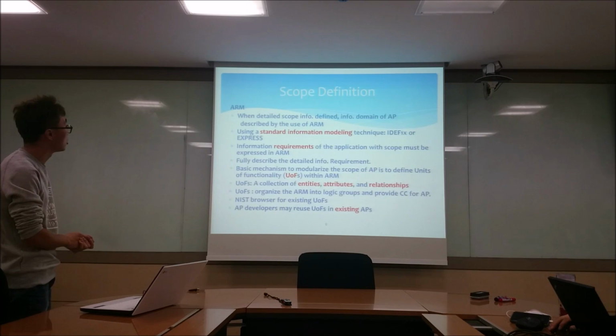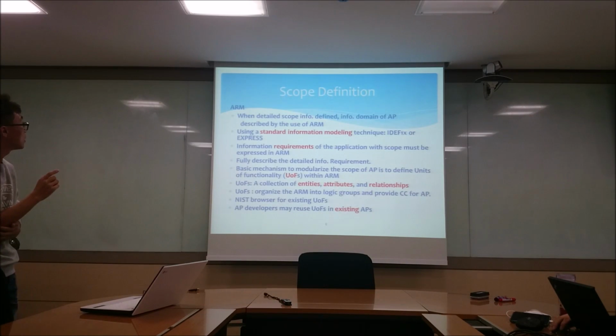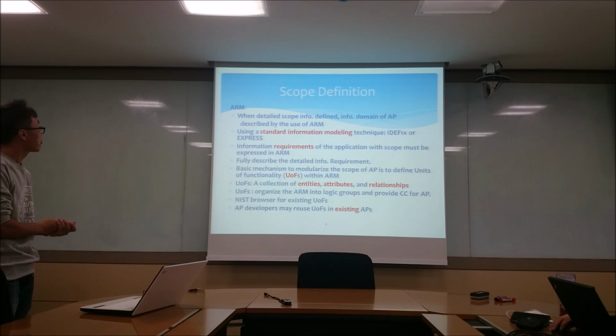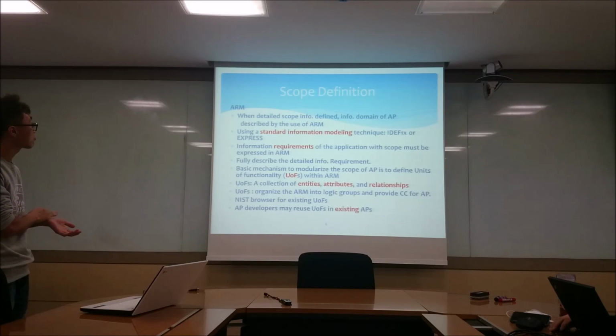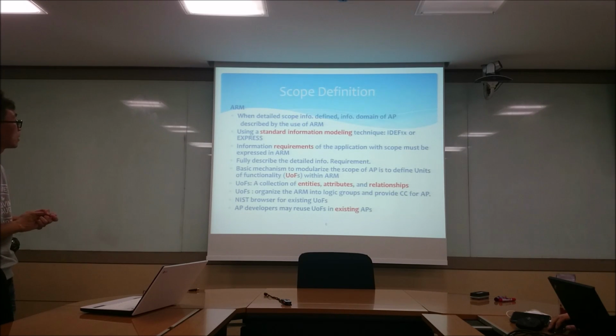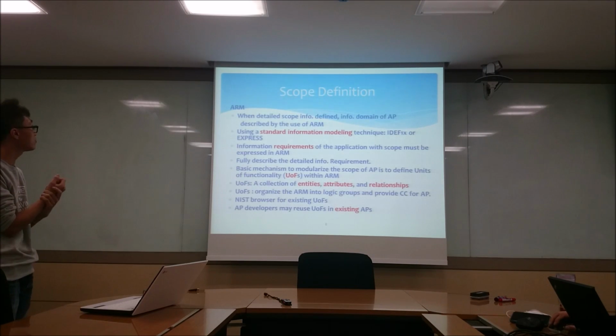And this is the ARM. ARM refers to the application reference models. In this process, for the detailed scope information, we have to define the information domain of those APs, which are described by the use of ARM.